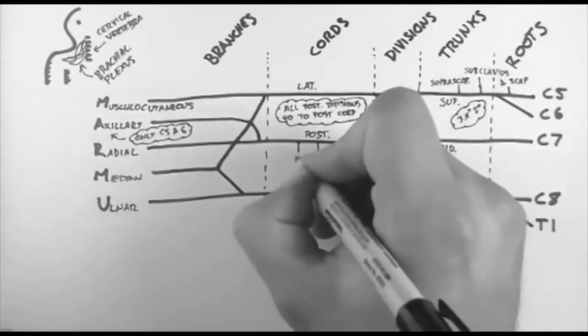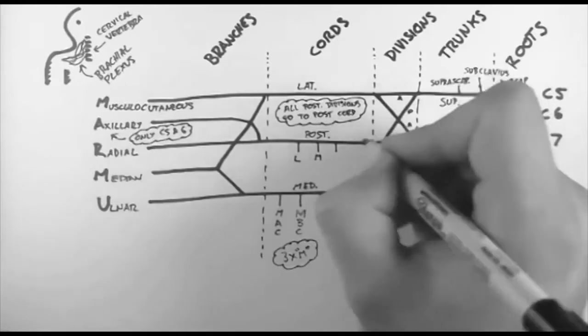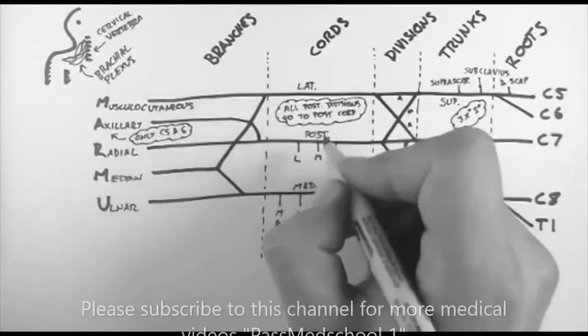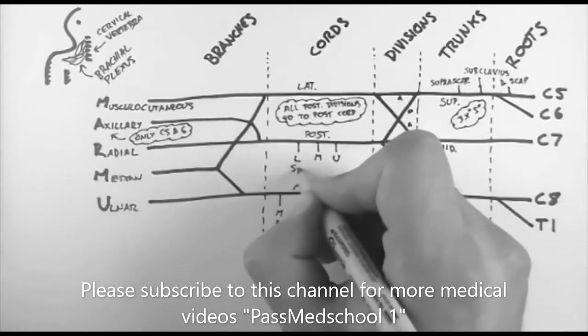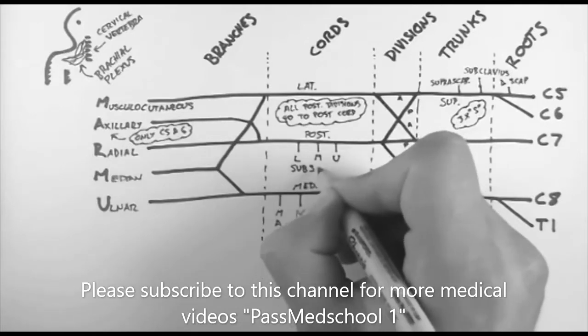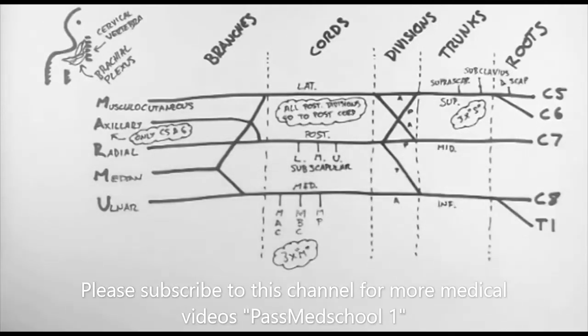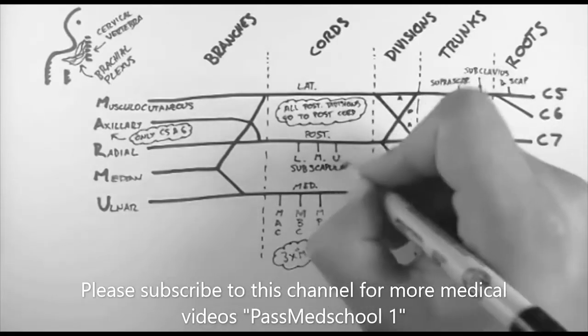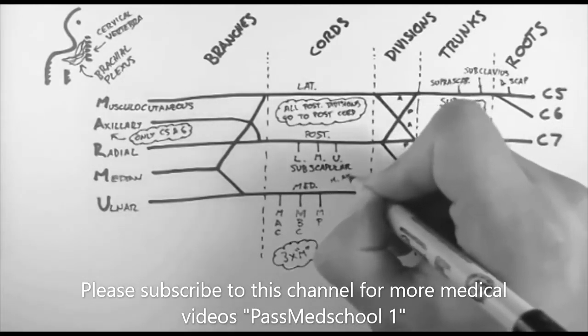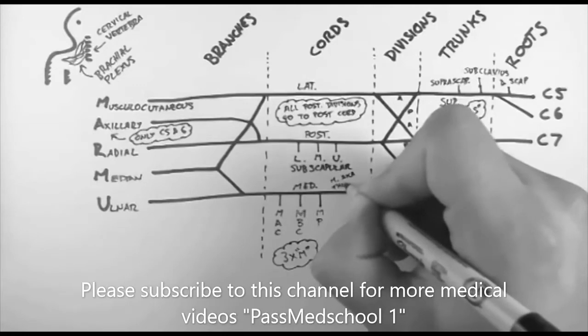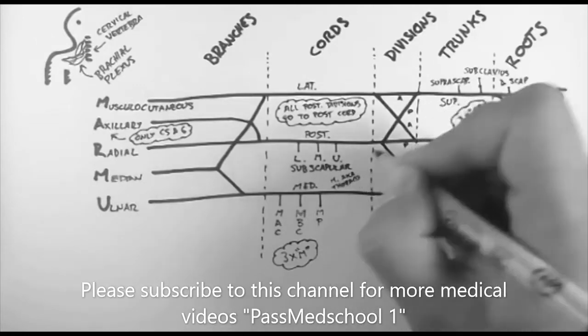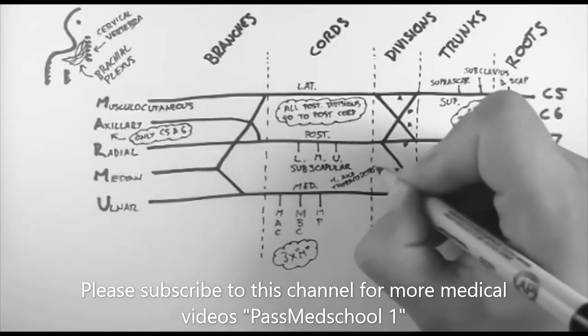Now there are three nerves coming off the posterior cord, and these are the lower, middle, and upper subscapular nerves. Now the middle subscapular nerve is also known as a thoracodorsal nerve.